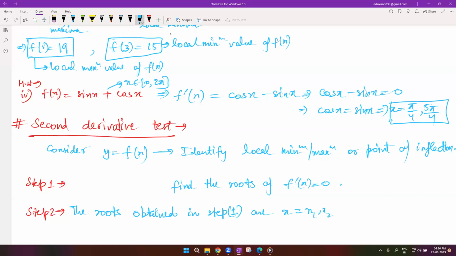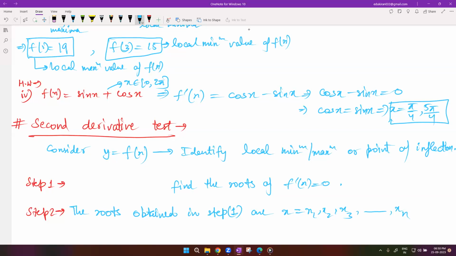We don't know how many roots we will get for each equation, we will get a different number of roots, so it is not always possible to have the same number of roots. That is why I'm generalizing them as x1, x2 up to xn.